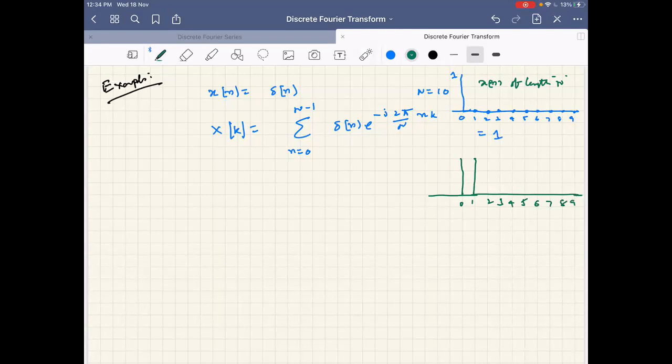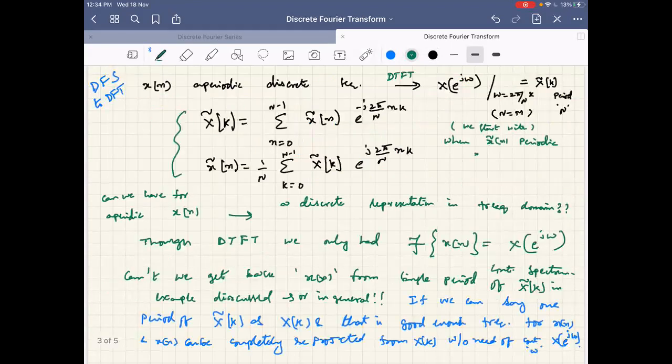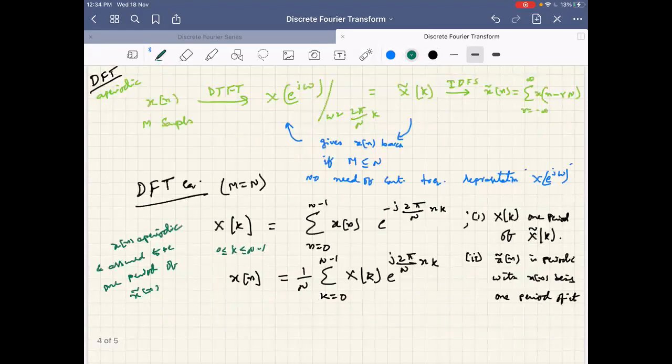It will have the same length, again n equal to 10. Please note that the sequence lengths are the same here. I have not written explicitly here, but please note that k is 0 to n minus 1, because the number of samples we take in the frequency domain and the sequence length are the same. Please note that n anyway is ranging from 0 to n minus 1.